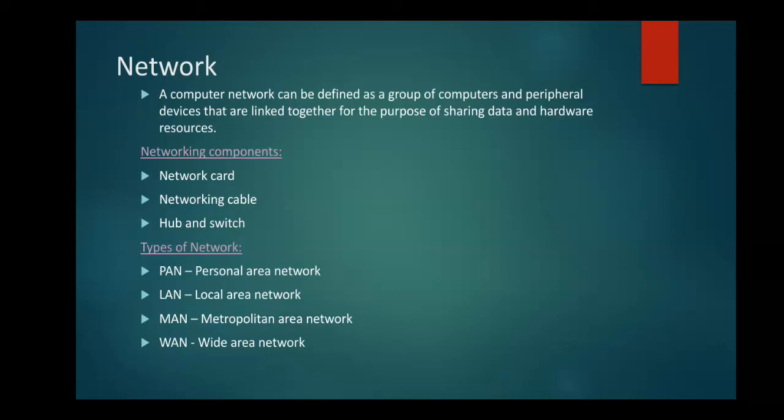MAN stands for Metropolitan Area Network, since it covers a city. It is spread across a city, that's why it is called metropolitan. The most common example of a MAN is the cable network. Next is the WAN. WAN stands for Wide Area Network, where computers are connected through satellite signals and microwave signals.